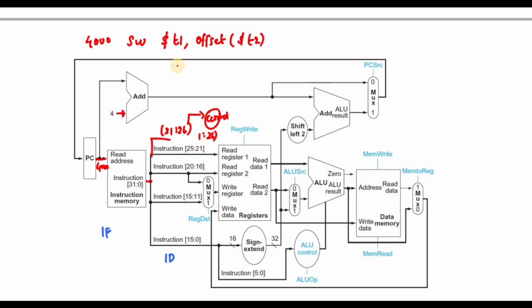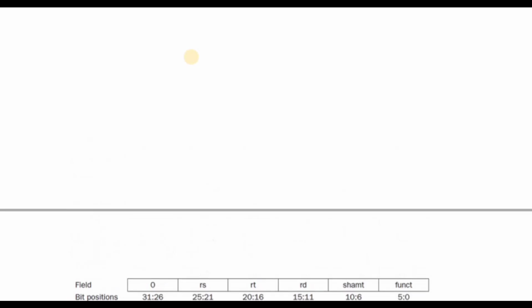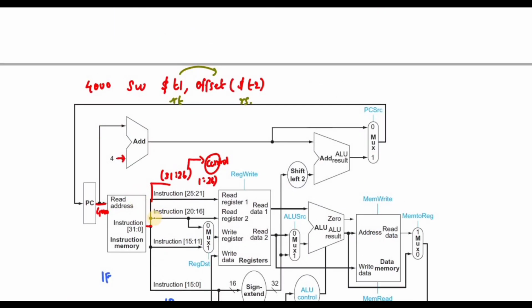Here, this is my RT and this is my RS. RT is bits 16 to 20, this is T1, and this is T2, and the data from T2 is here.